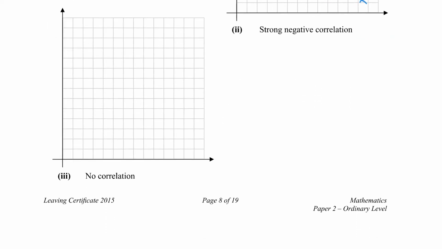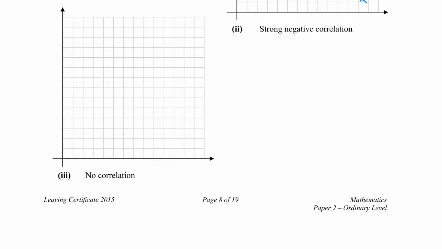The last one there asks for no correlation. And if there's no correlation, then we just need to make it look like this. So if we had one there, one there, one there, one there, one there, one there, one there, and one there, and we'll say one there and one there, put in one or two odd ones here and there. So you can see there, that takes absolutely no line of best fit.